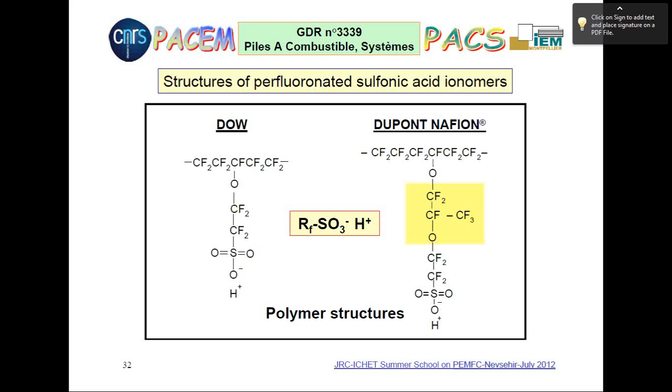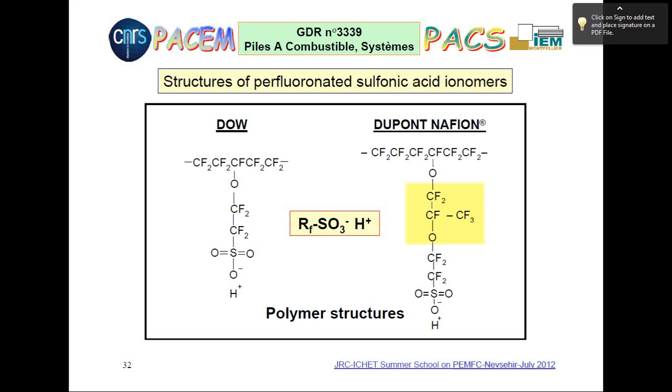Okay, that's DuPont Nafion. So you have a relatively long chain, and if you shorten the bonding chain, you take off all these yellow colored atoms, carbon and fluorine, and you get that structure.